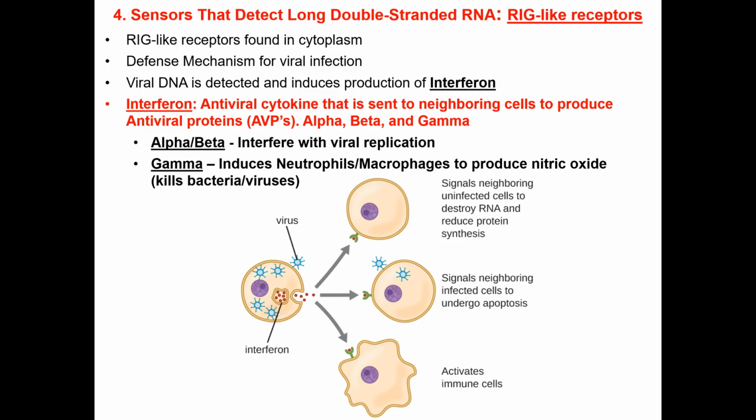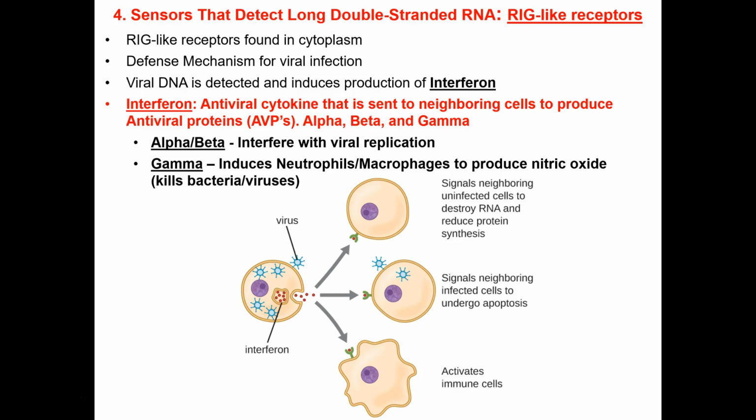Interferon gamma, on the other hand, is a cytokine that goes to your phagocytic white blood cells. So macrophages and neutrophils would receive interferon gamma, and that also tells them to prep themselves for a virus, but in a different way. They start making antiviral compounds like nitric acid, so that when they do phagocytize that virus, when they engulf it, they are making a compound necessary for destroying viruses.